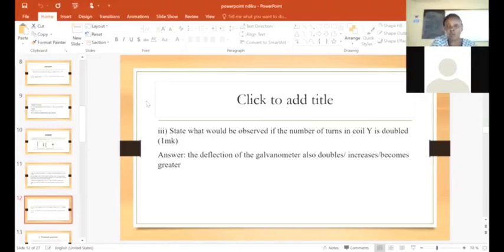So the deflection on the galvanometer doubles, or increases, or you can say becomes greater. That shows it will be greater than it was at the beginning. So a comparative term in that case is important.